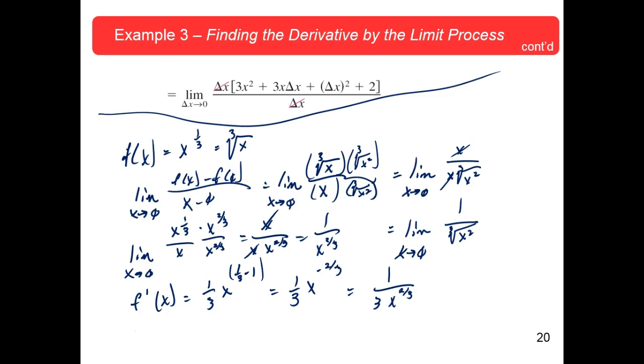I hate to say it this way, but it beats me. I don't see where the one's correct. The 1 over 3, that's correct.